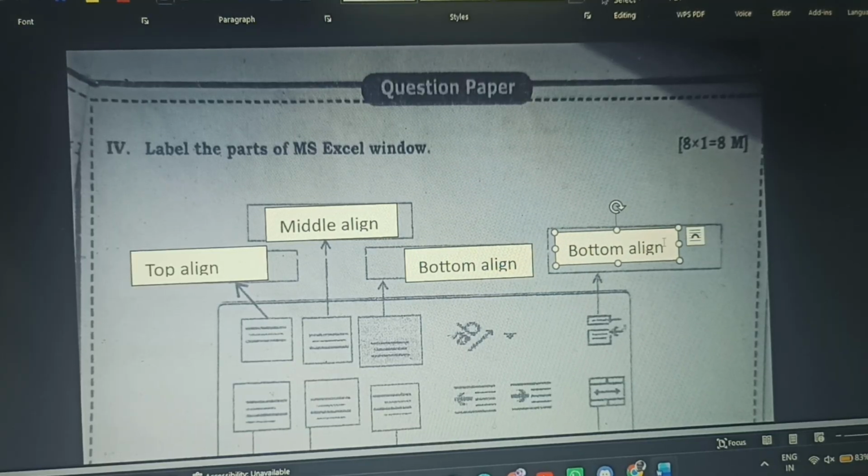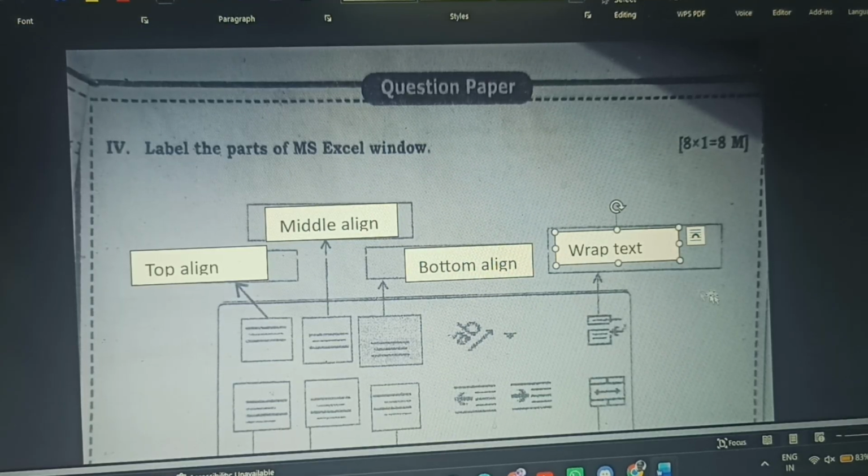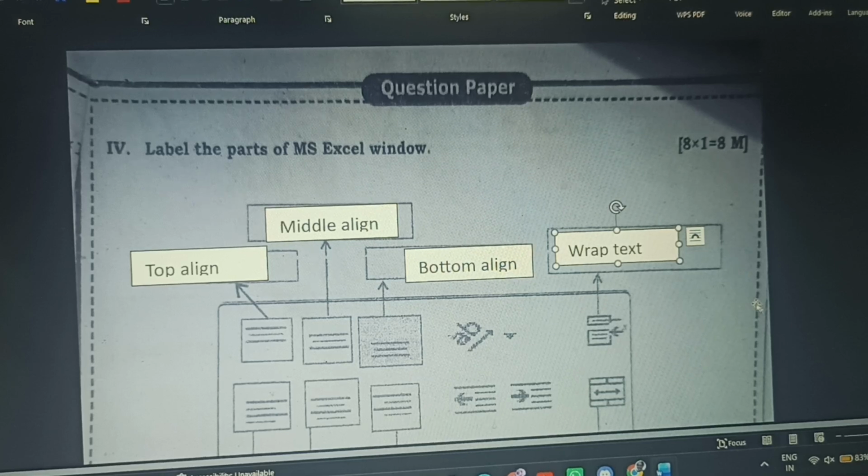You can write the answer here: wrap text. Next one, the top part is completed, so you got the 4 marks.